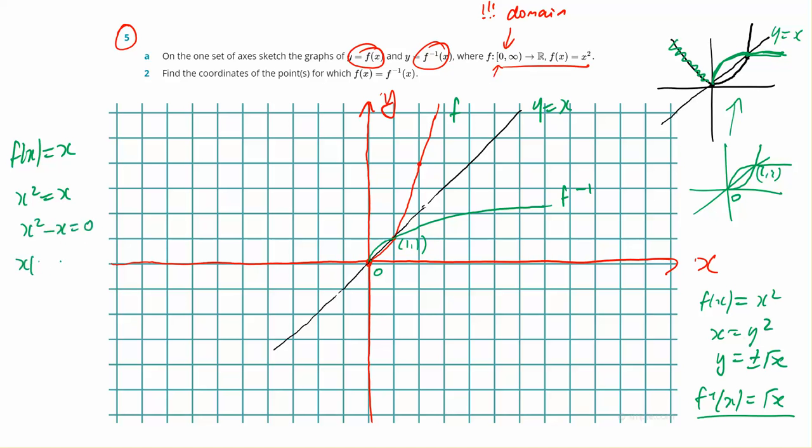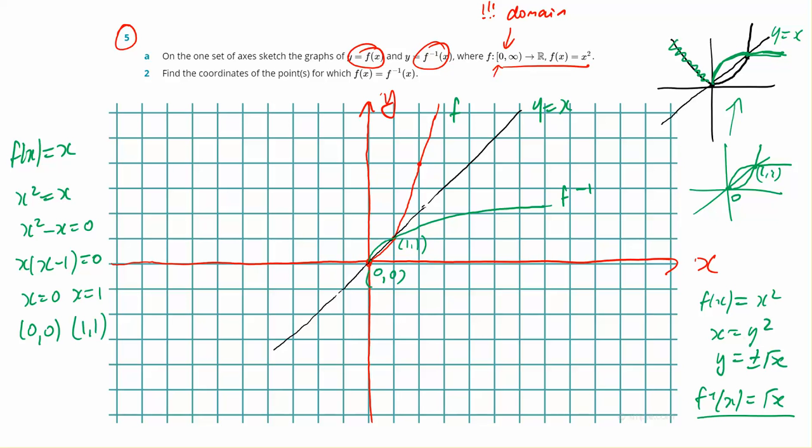Take the common factor of x out and solve. So x equals 0 and x equals 1 using our factor law. Knowing that it's going to intersect on the line y equals x, the x coordinate will be the same as the y coordinate. So that'll be 0, 0 over here and 1, 1 over there.